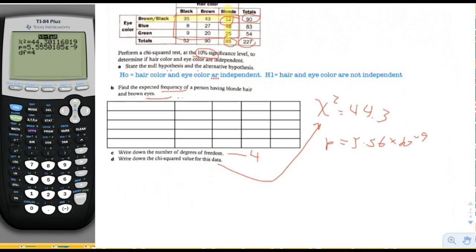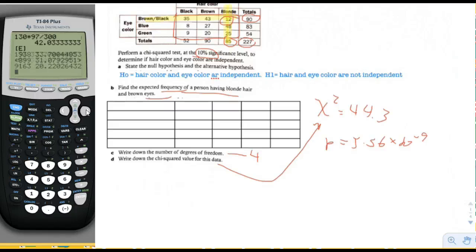And then they asked us for the expected frequency of a person having blonde hair and brown eyes. So we can find that by looking at matrix E. Remember matrix E? Matrix E actually has all that there. So here's matrix E, and to see the whole thing, you have to go to the right.